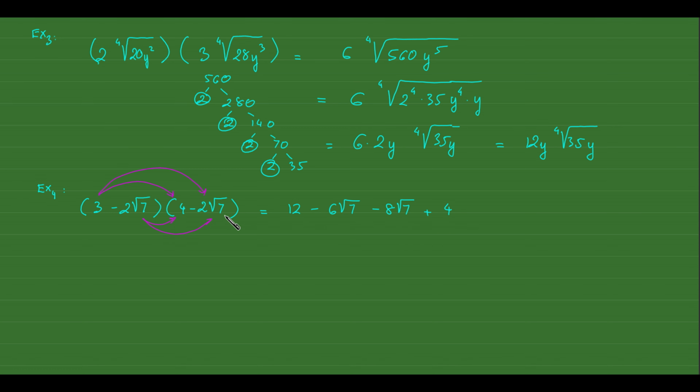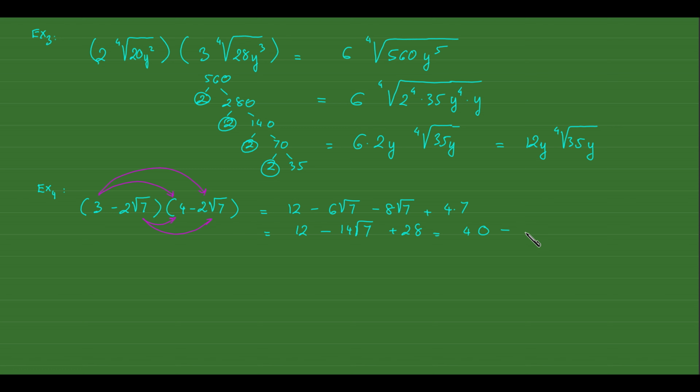Square root of 7 times square root of 7 is square root of 49, right? Square root of 49 is 7. Now we just need to combine like terms. Negative 6 and negative 8 give negative 14 square root of 7. 4 times 7 is 28, and you combine it with the 12. 28 plus 12 will be 40.